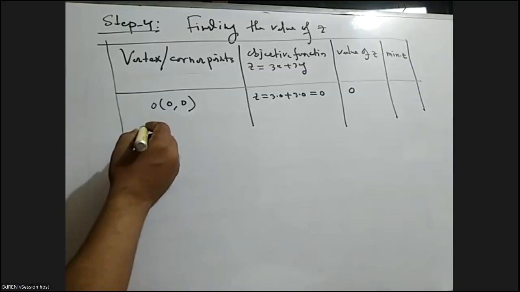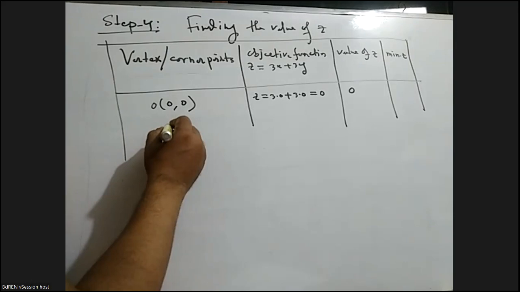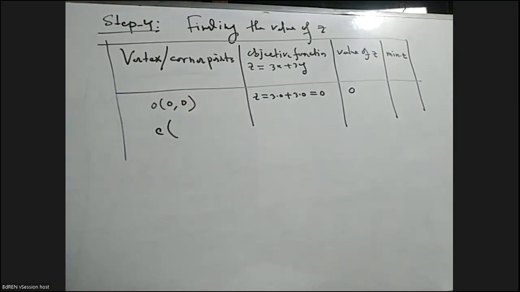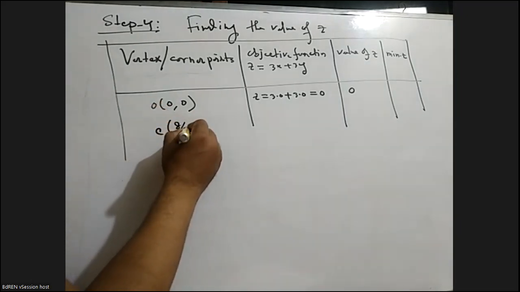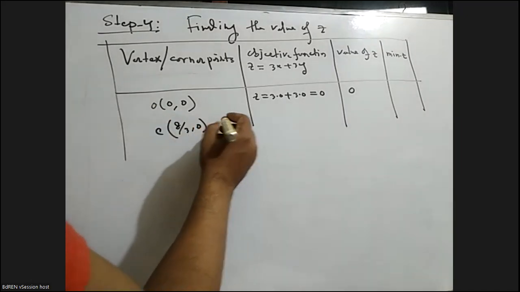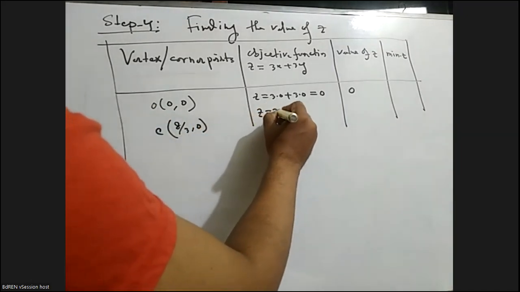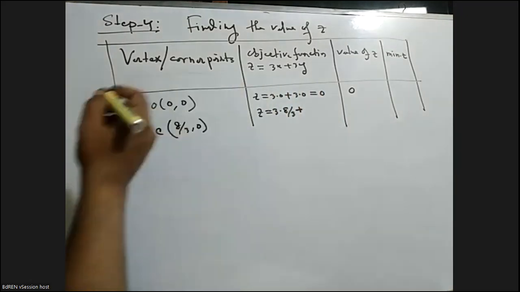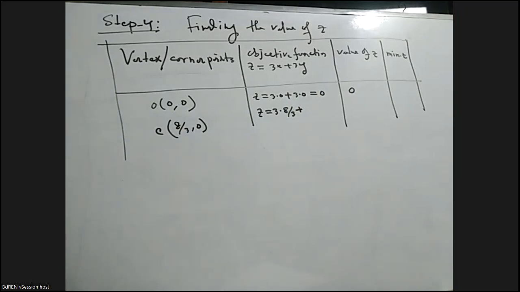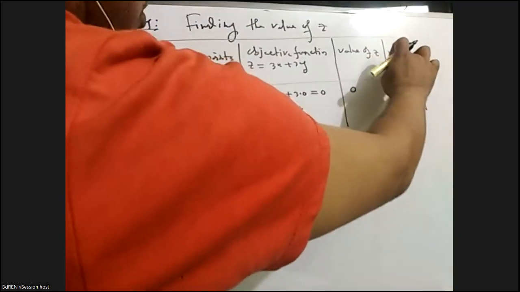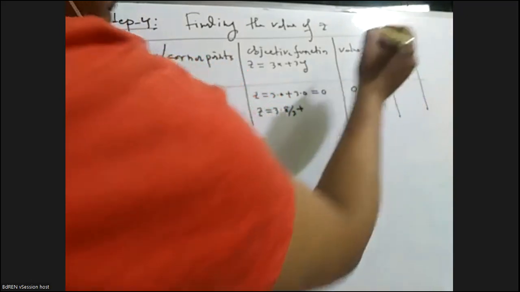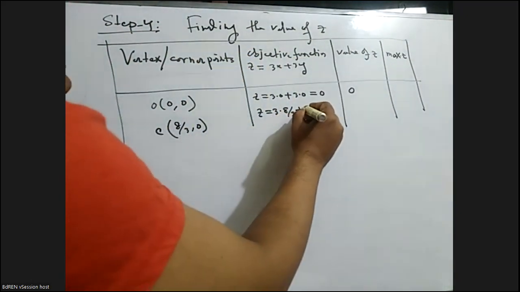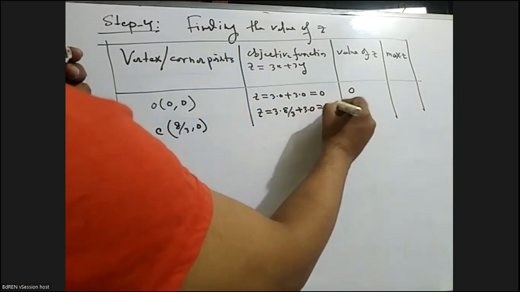And C point will be (8/3, 0). So Z equals to 3 into 8/3 plus 3 into 0, equals to only 8.